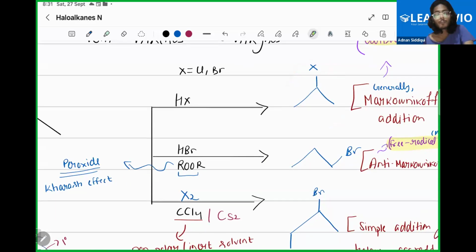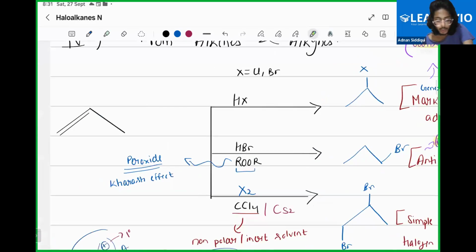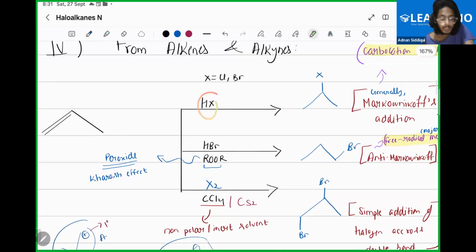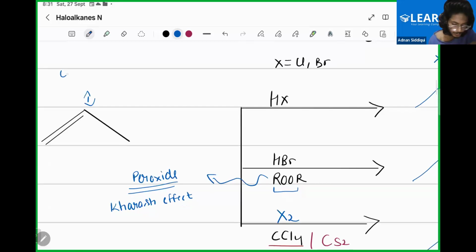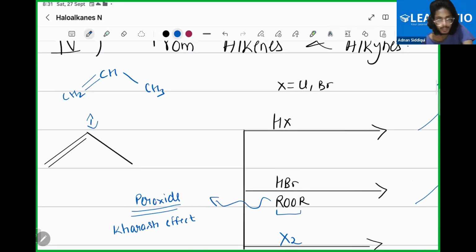What does the Markovnikov rule say? That your halogen will be attached to the carbon which has fewer hydrogens in the double bonded state. If I zoom this in, what can I see? CH2, CH, CH3. Have I written it correctly?